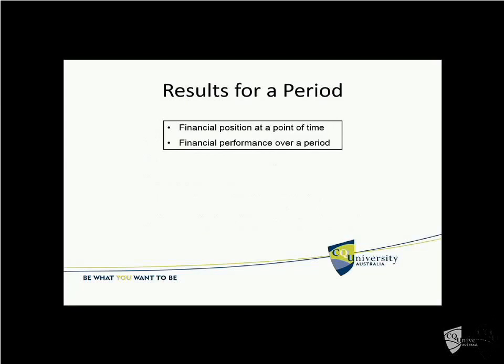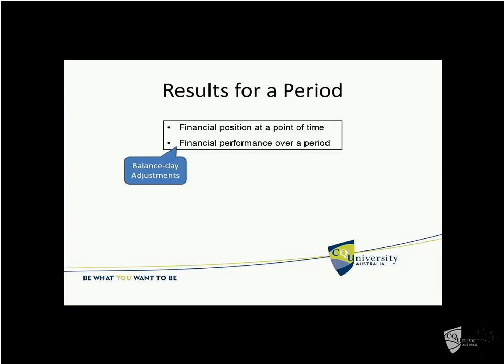Now this week we're going to have a look at our desire to know results for a period. We want to know the financial position at a point of time and also the financial performance over a period. And it's our desire to want to know this. We don't want to just let businesses run, so we have our balance day adjustments.